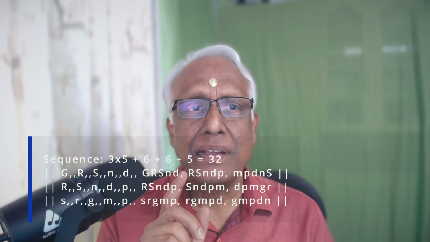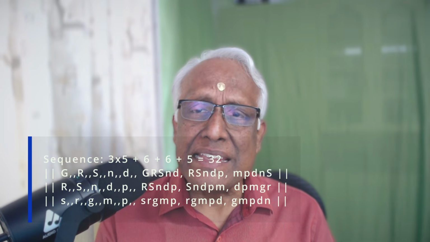One more example. Take this sequence. Gari sani da re sani da pa ma ba da ni sa. Now gari sa ni da, each note is of duration 3. Gari sa. So I'm using 5 notes. Gari sa ni da. So that becomes 3 into 5.